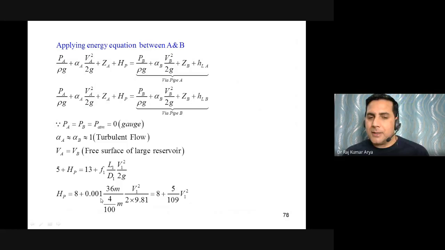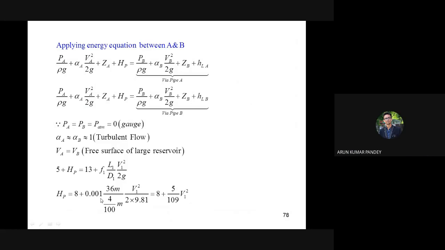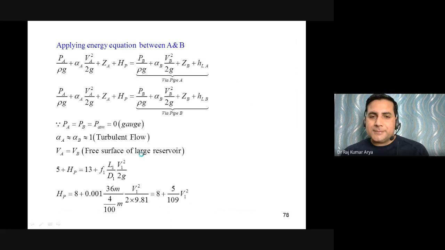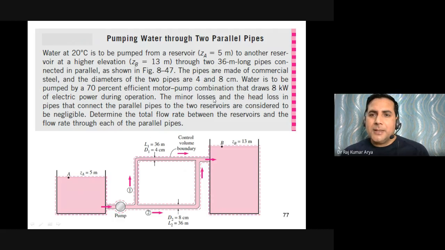Excuse me, sir. In the question it is written that minor loss and head loss in the pipe should be neglected. Let me see. Minor losses and head losses in the pipes that are connected in parallel.